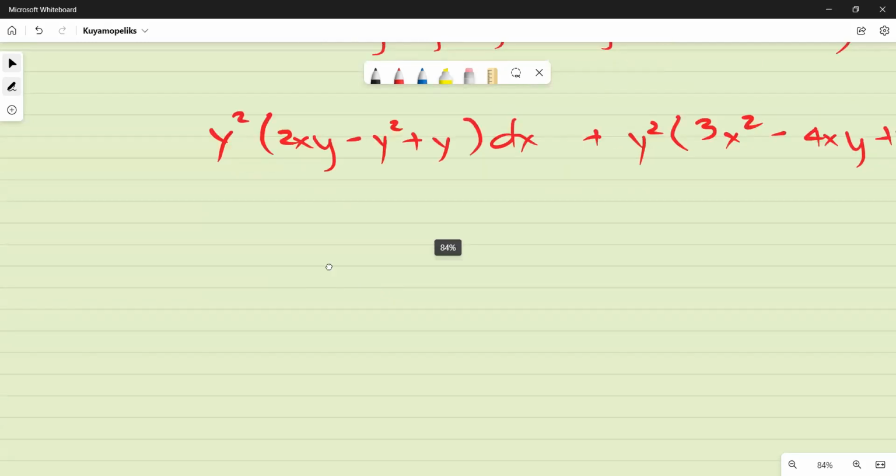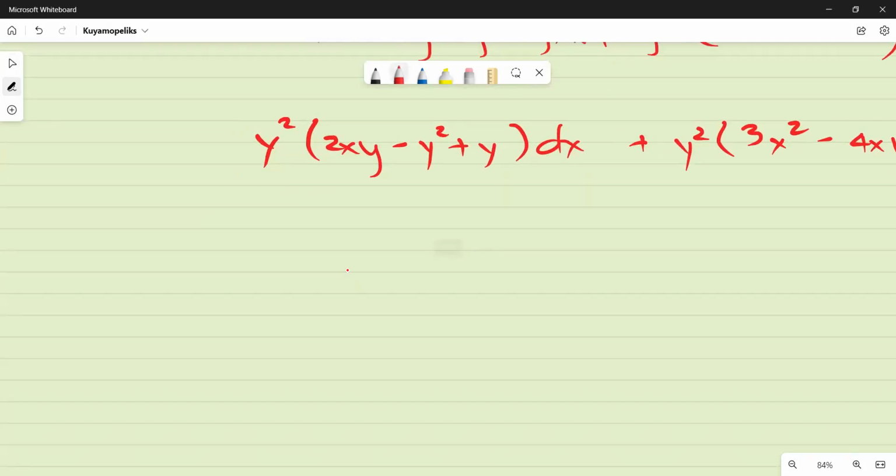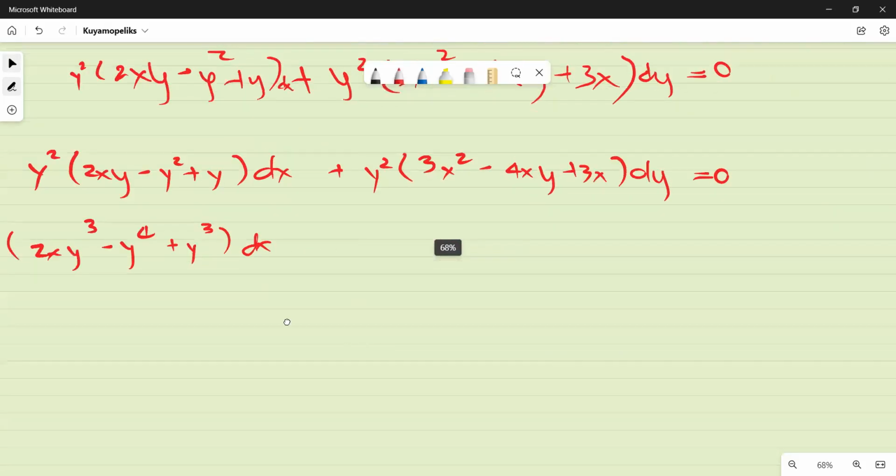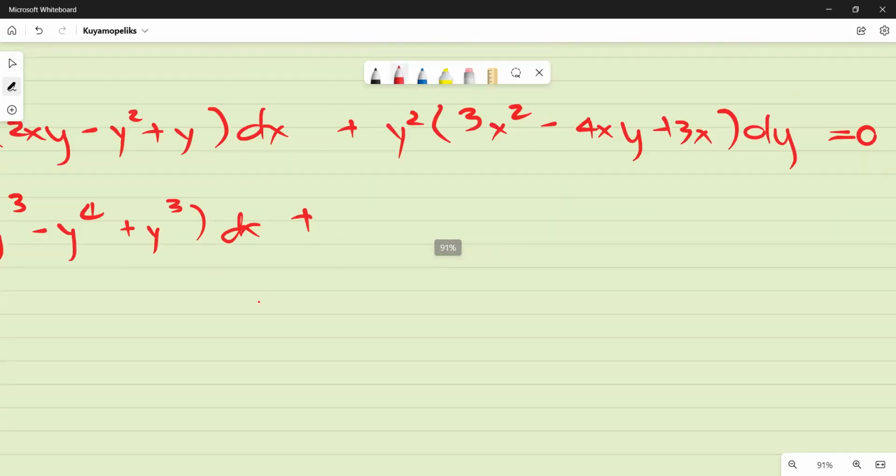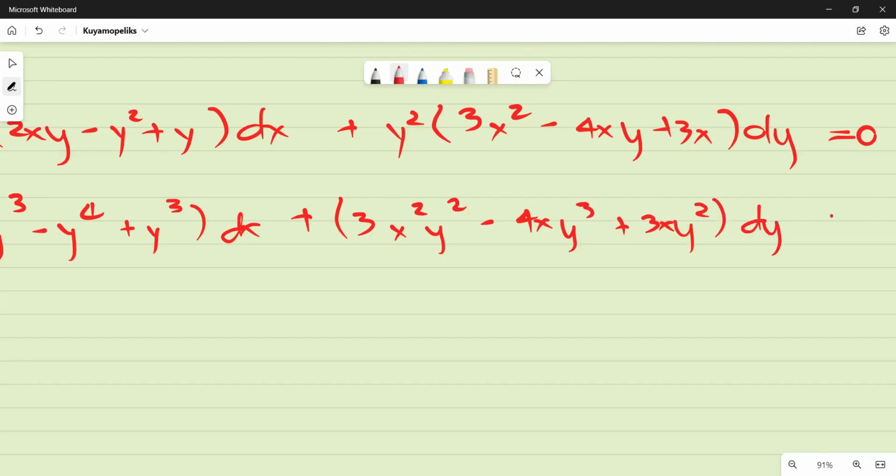Now, sige, di ba may bagong m tayo? Let's solve for the new m. Pag dinistribute ko yan, magiging ano yan? 2xy cubed minus y to the 4th plus y cubed quantity dx, okay, plus 3x squared y squared minus 4xy cubed plus 3xy squared dy is equal to 0.